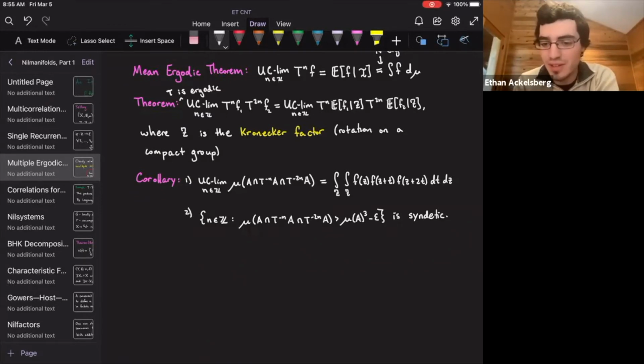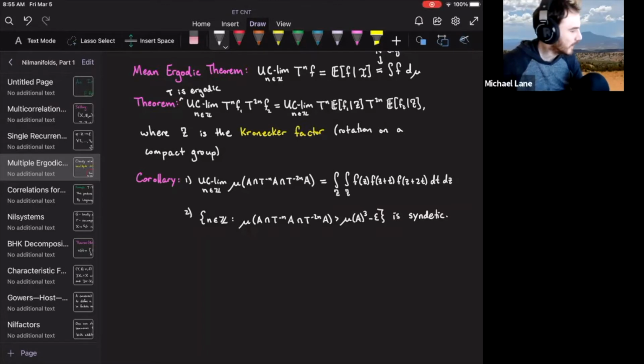Okay, and so Einsiedler–Ward has a good description. Now, is it referred to as a Kronecker factor in that book? Do they use that same terminology? Okay, cool. All right, thank you.